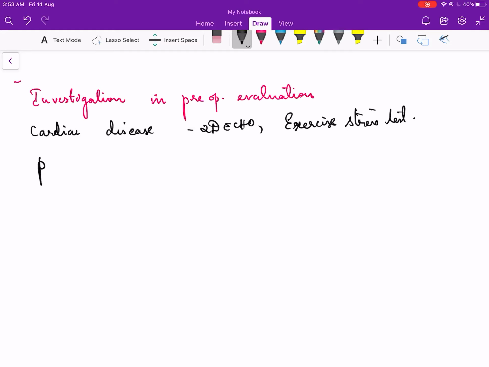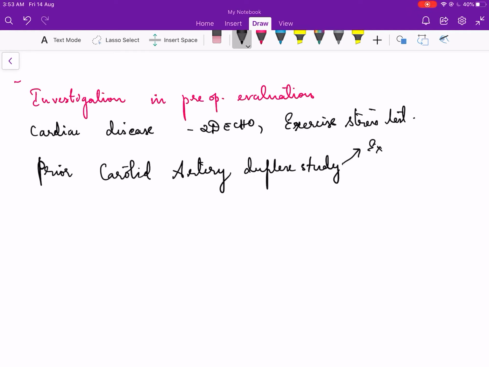Prior to that we do a carotid artery duplex study, where the extent and severity of the carotid artery stenosis can be assessed.